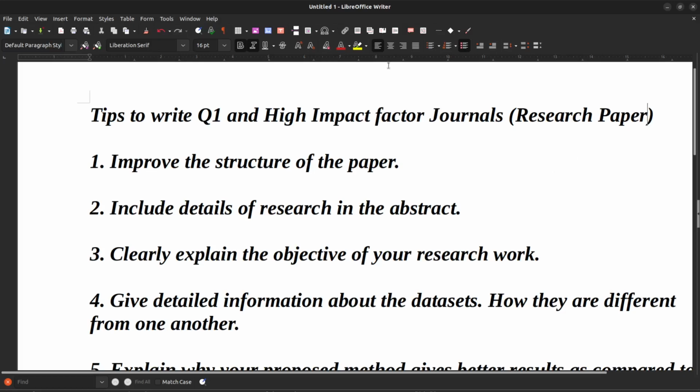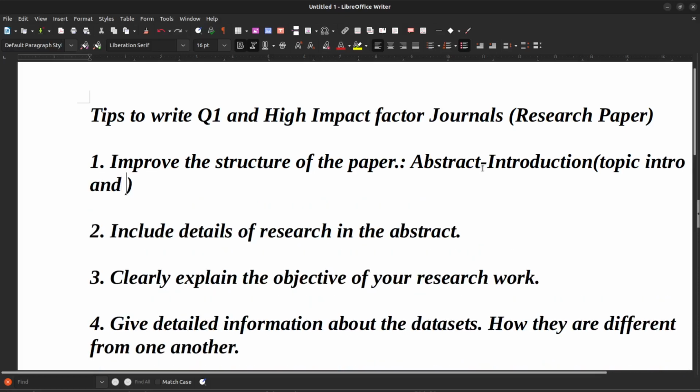So if you go into detail, first you have to write the abstract, then after the abstract, the introduction section will be there. In the introduction section you write about the topic intro and literature survey.